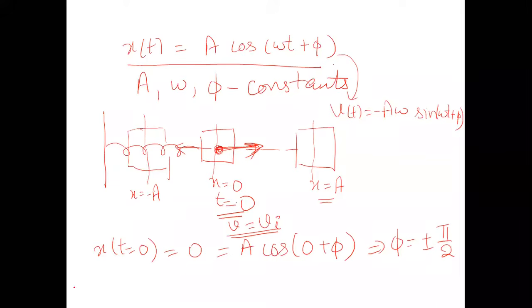So now, if I say that my velocity at time t equal to 0 was equal to v_i, then this is equal to minus A omega sin(omega t), with t equal to 0, so that term becomes sin(0 plus phi). Can you tell me from here what would be the value of phi? Vansh, I think he was the one having the question here.